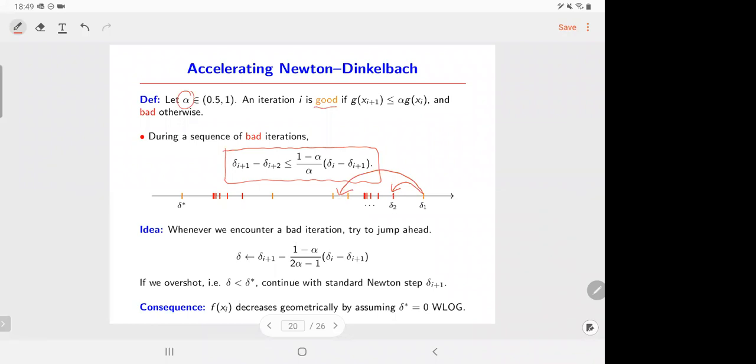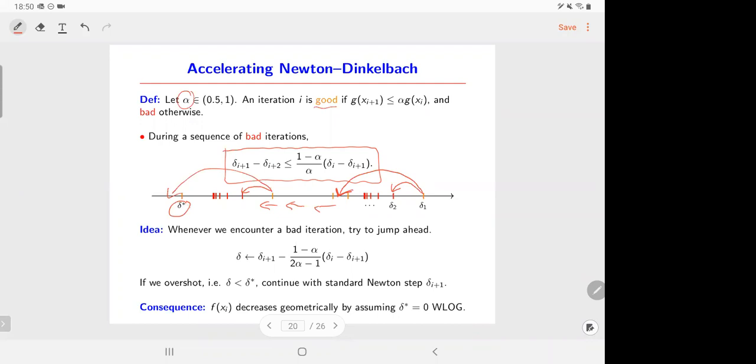Now, if this jump is successful, meaning that we are still to the right of delta star, then we have made substantial progress. So we continue, as long as we have good iterations. Let's say we get a bad iteration again, then we would try to avoid the long sequence of bad iterations in front of us by jumping ahead. And let's say, for example, here we overjumped.